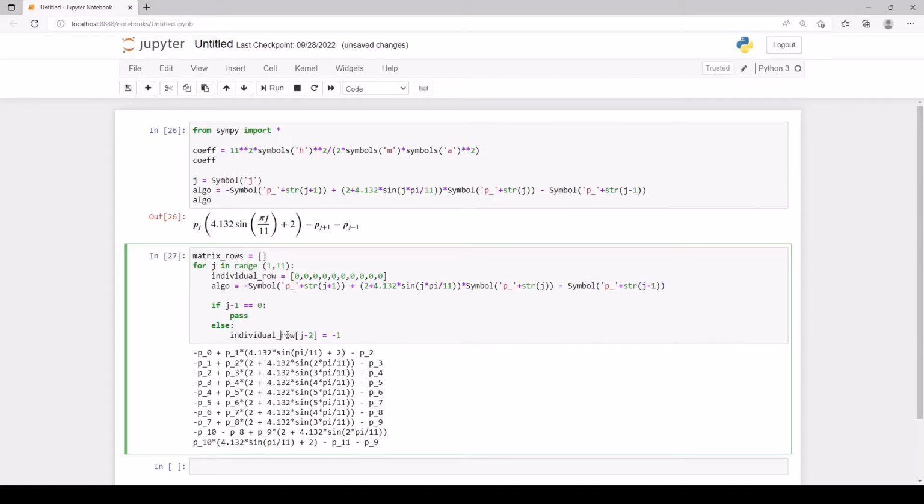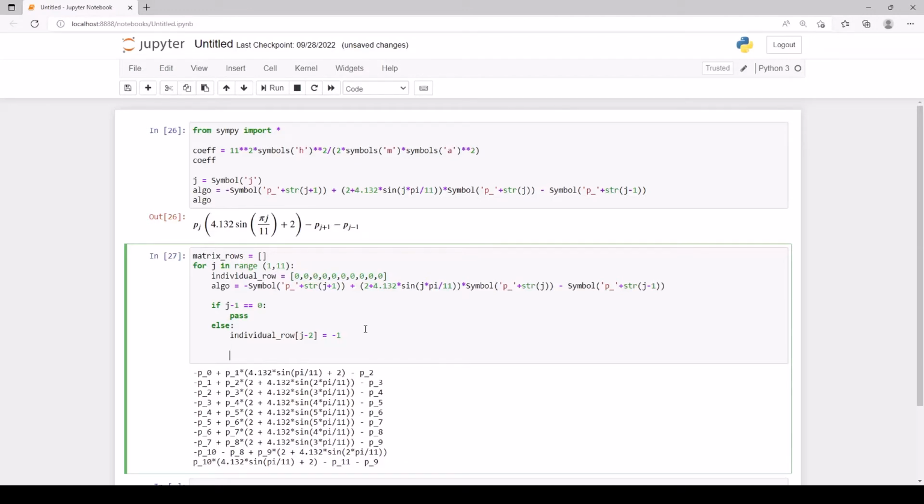But remember, the row indexes go from 0 to 9, whereas my j index goes from 1 to 11. So there's an offset of negative 1. So instead of j minus 1, I'm writing to j minus 2 to compensate for that offset in the index method. So that takes care of that.